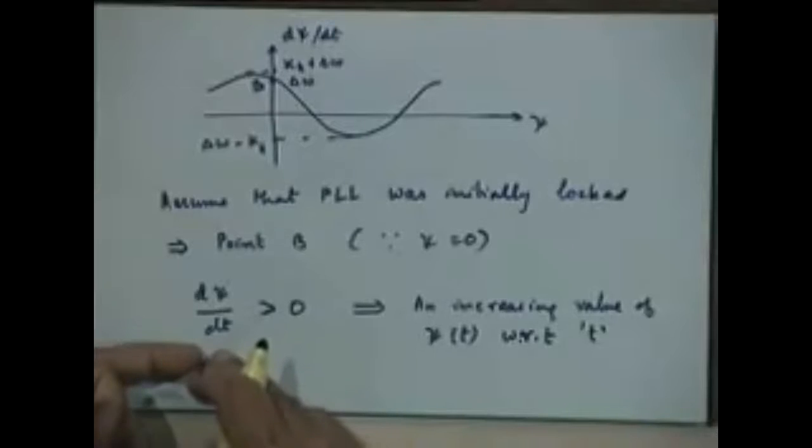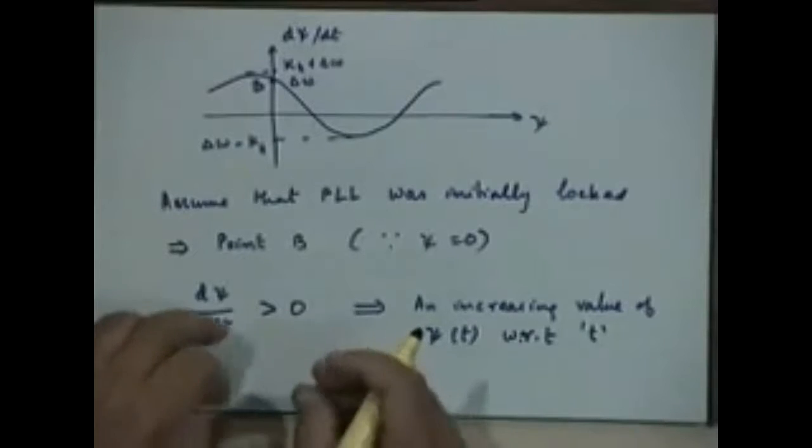Now I am talking about the temporal behavior, time behavior of the phase error. Because d psi by dt is positive at a certain point, what we are saying is that the dynamics will be such that the phase error will increase as a function of time.